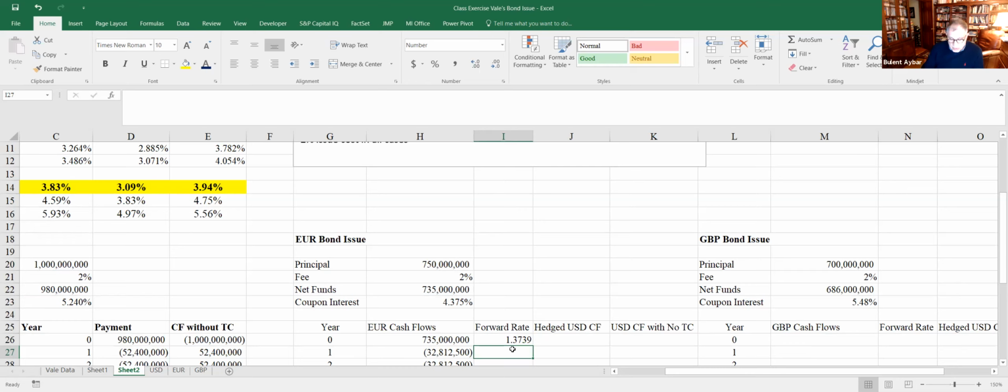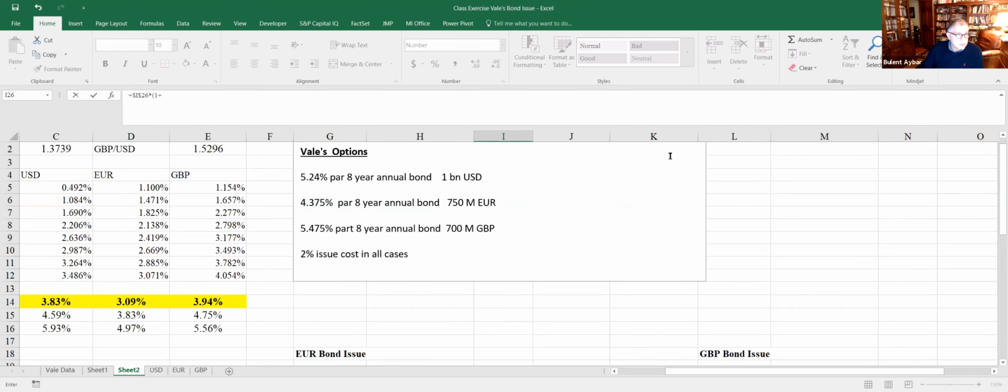Based on interest rate parity implied forward rates, we can calculate the forward rate as 1 plus the US dollar interest rate. We have the 1 year interest rate in here, so this is going to be to the power 1.